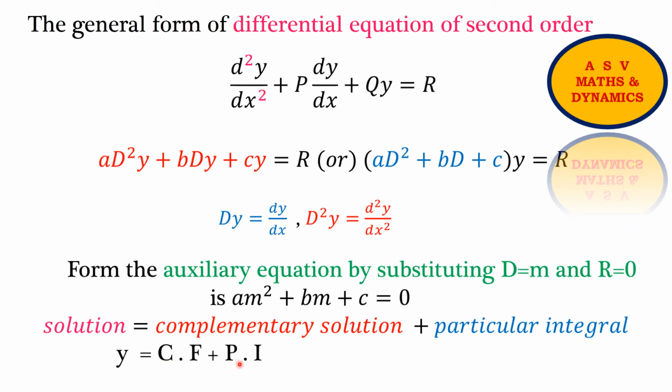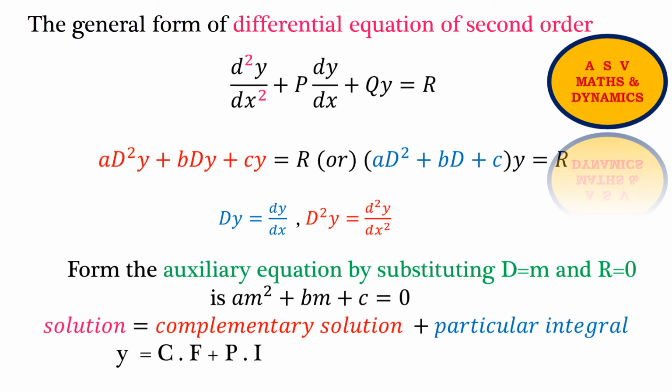Likewise you have to write it. Here CF means complementary function, and PI means particular integral. For the complementary function there are only 3 types: roots are the same, roots are different, roots are complex. For these 3 types you can get the common structure. You apply the roots, then you can get the formula values.